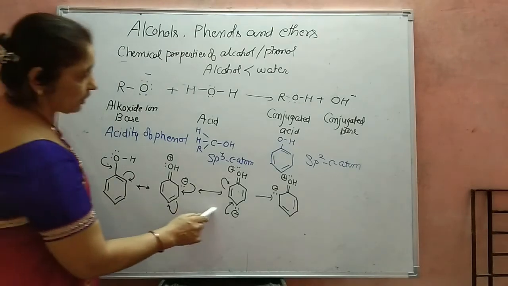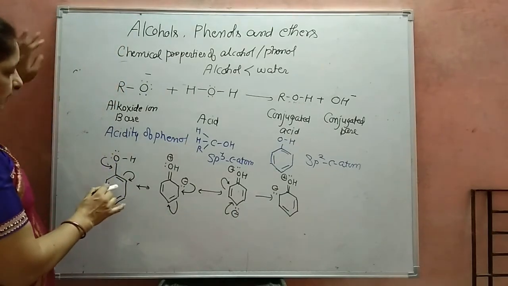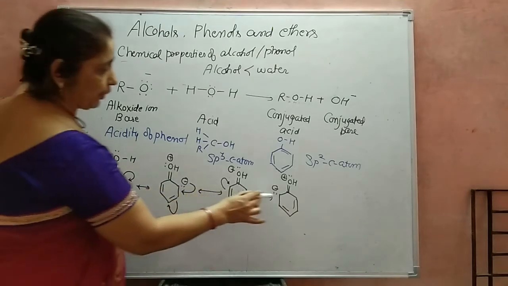So all these resonance structures show that this benzene is an electron withdrawing group.